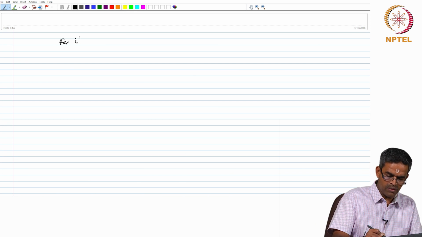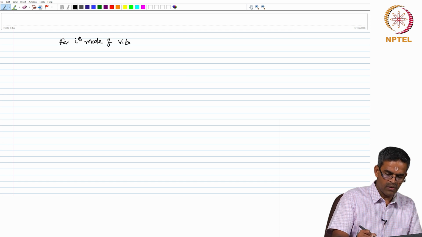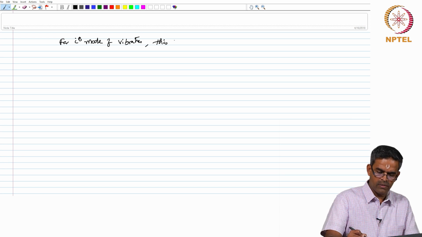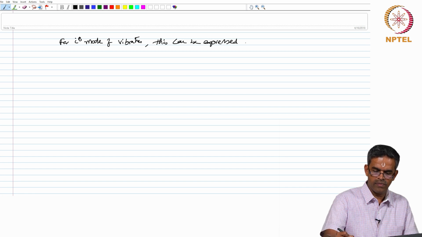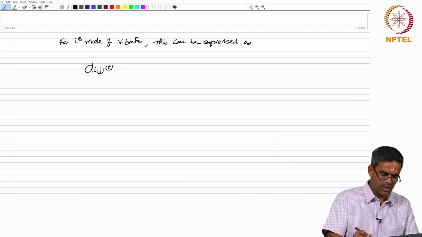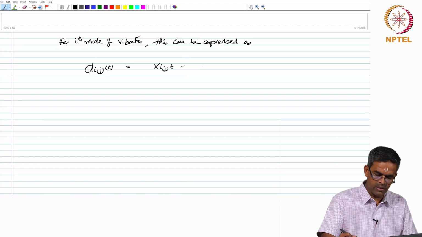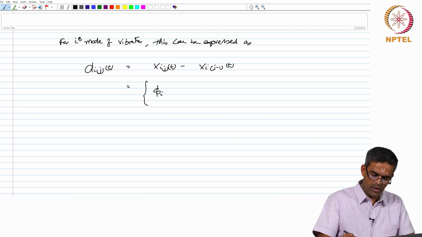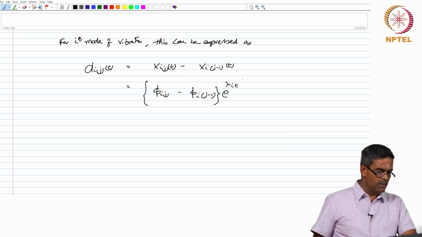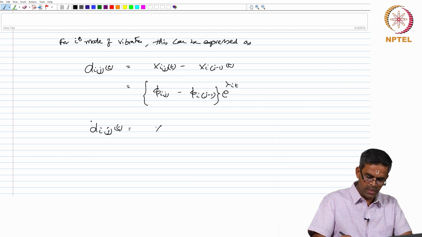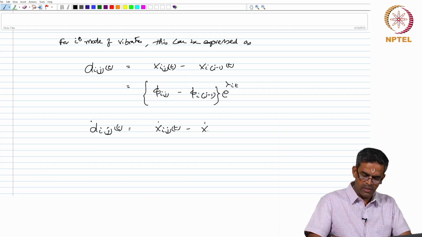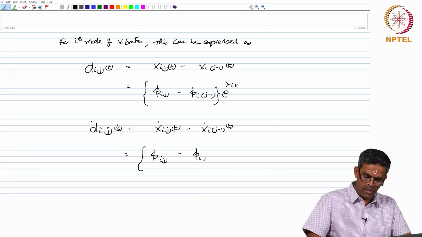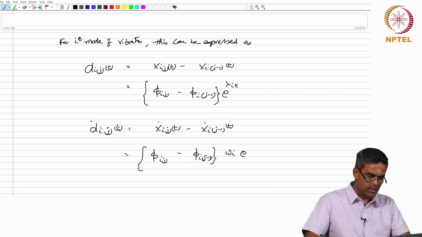For ith mode of vibration, this can be expressed as d_ij(t) is x_ij(t) minus x_i,j-1(t), which will be (phi_ij minus phi_i,j-1) e^(lambda_i t). d dot_ij(t) is given by x dot_ij(t) minus x dot_i,j-1(t), which can be given by (phi_ij minus phi_i,j-1) omega_i e^(omega_i t).